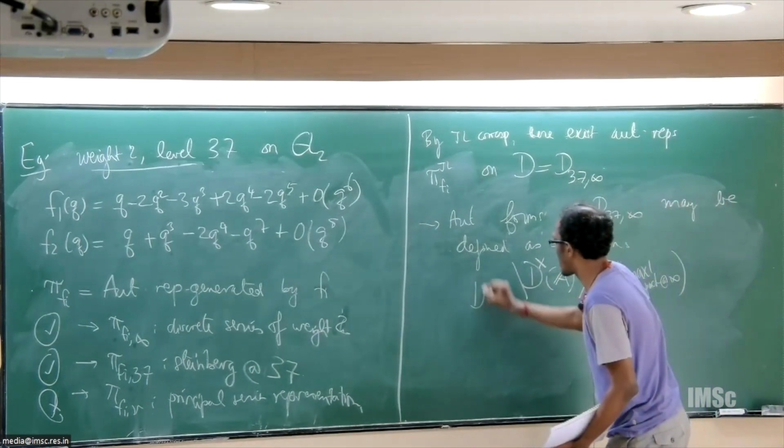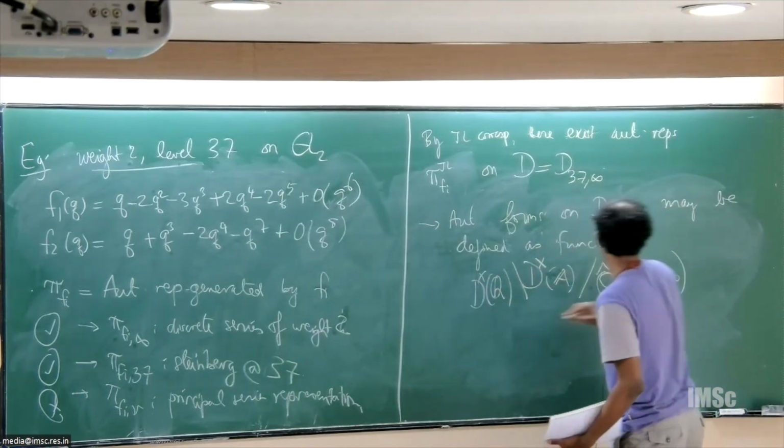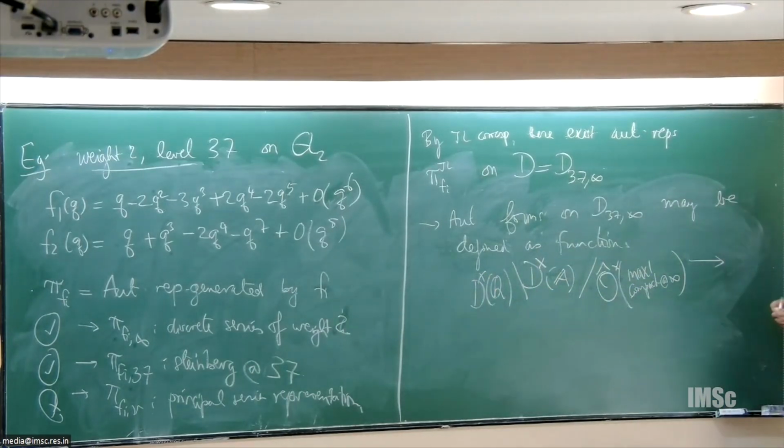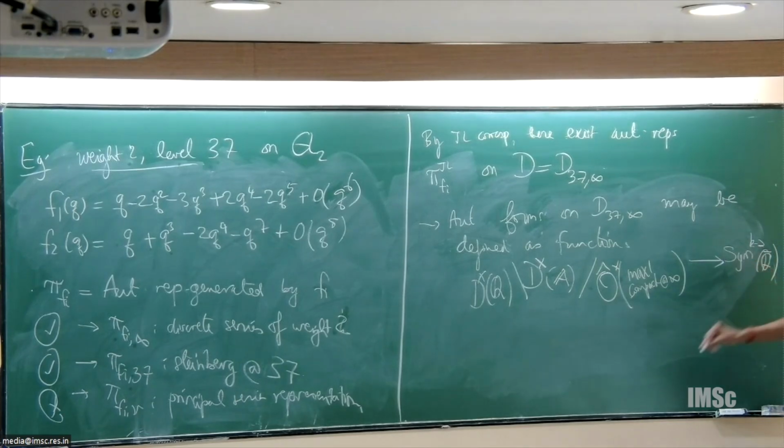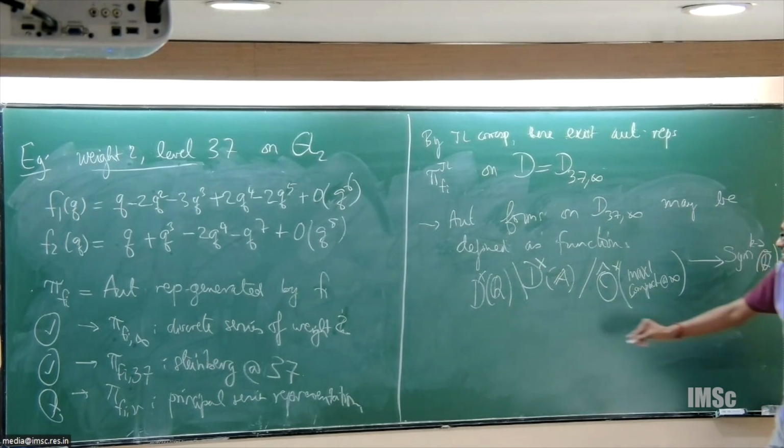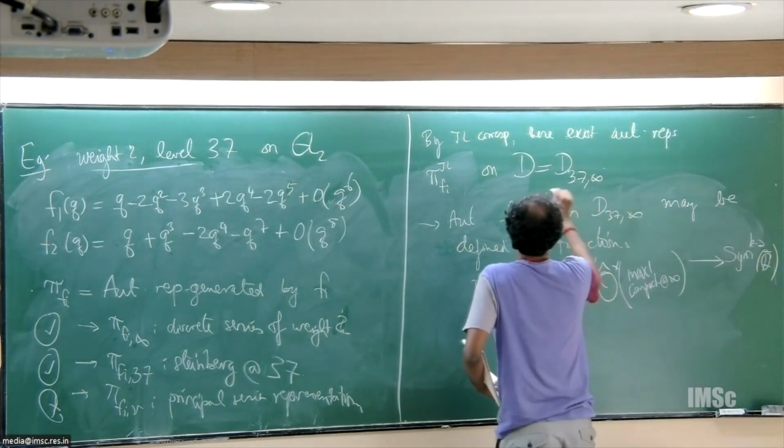And then functions on D^× \ D^×(A) / U into Sym^{k-2}(Q̄), where this is a form of weight k. So automorphic forms of weight k.